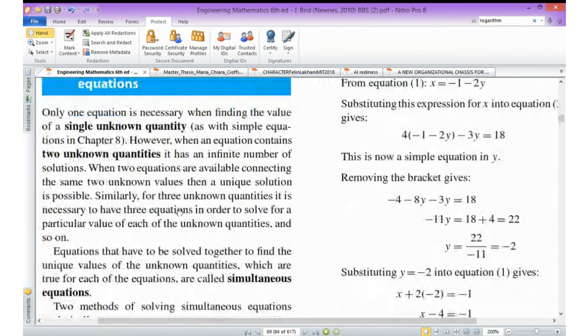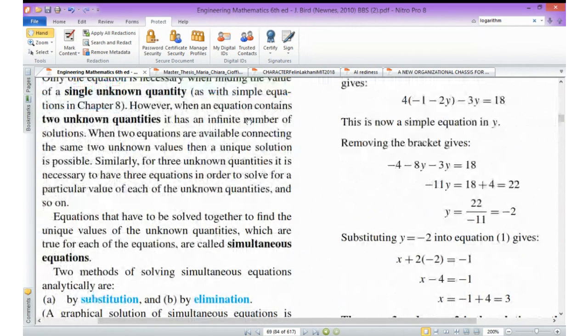So we are saying equations that have to be solved together to find the value of the unknowns are called simultaneous equations. And we can solve them using two methods.